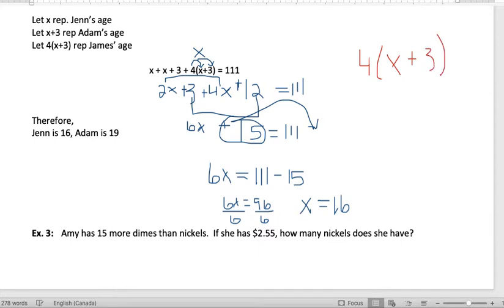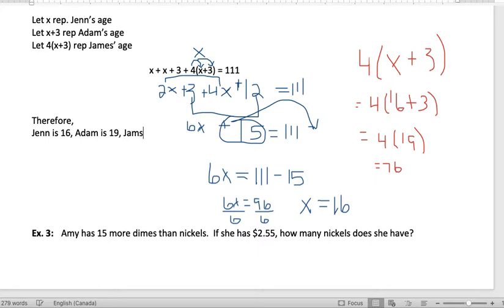So if we sub in 16 for x, we get 16 plus 3. So 4 times 19 is going to give us 76. So that's how old James is.